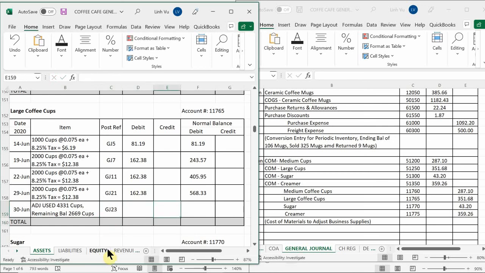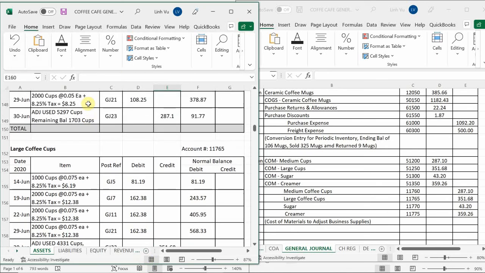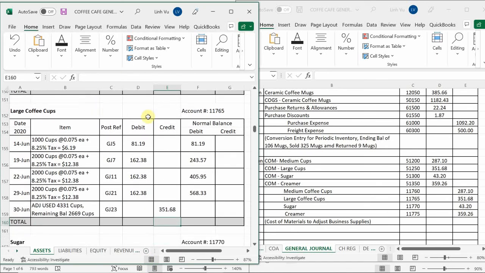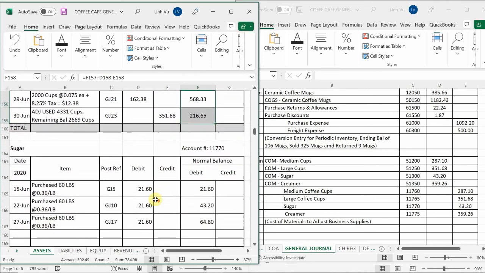When I used those cups, that was a total of $351.68. So how much should you have left? You should have a total of $216.65 left.